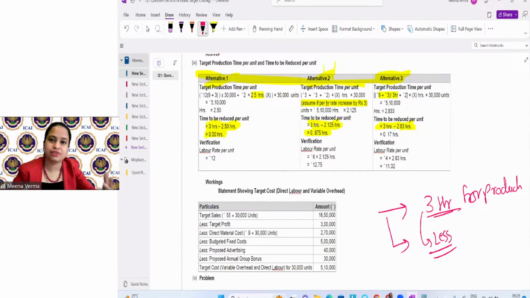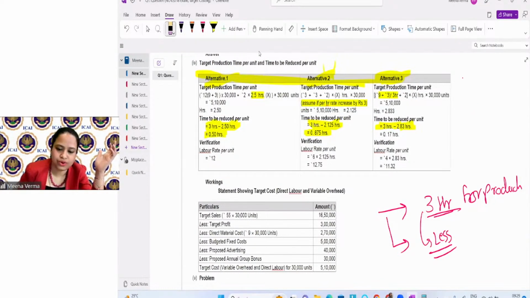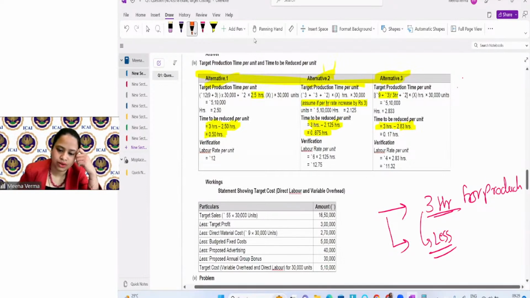For that reason, they will take less time to produce the goods. But the point is that if the labor increases their efficiency, the wages which you will pay to the labor will change. Accordingly, labor cost will change.